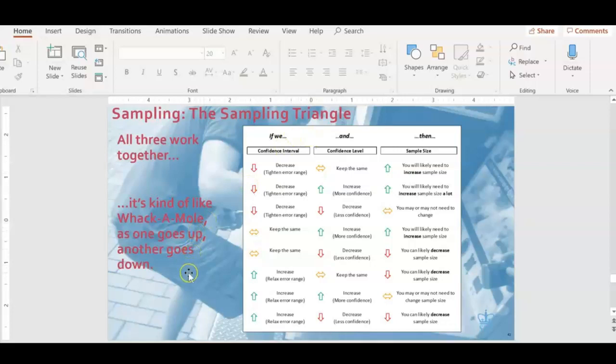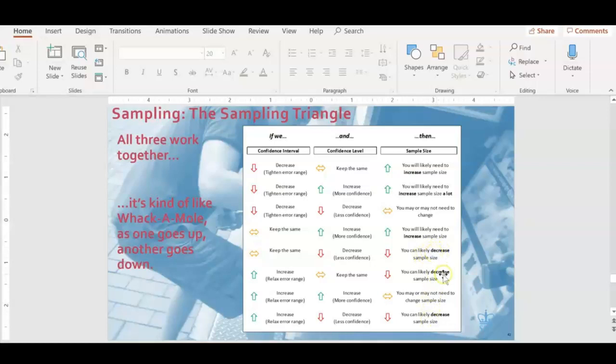When you're talking with clients or when you're designing research, you need to talk to them about these three different measures and how they work together. Say your client says to you, gee, I know you've recommended a base size of 300, but I don't have the money to spend or the time to interview 300 people. So you can use this little cheat sheet to look at and see exactly what would happen.